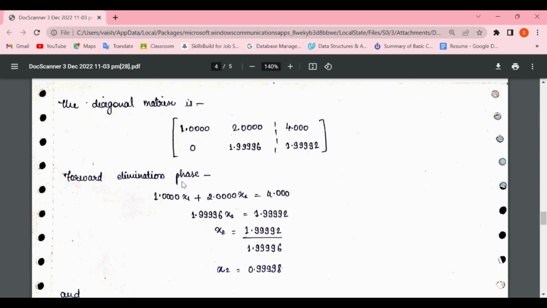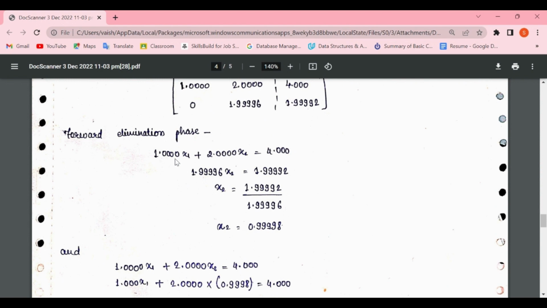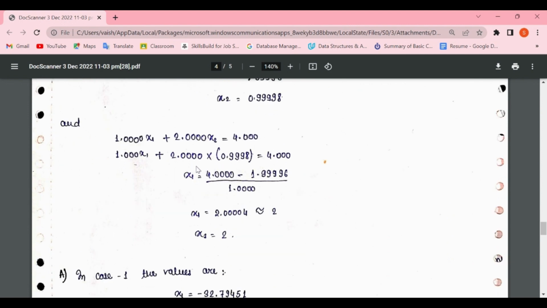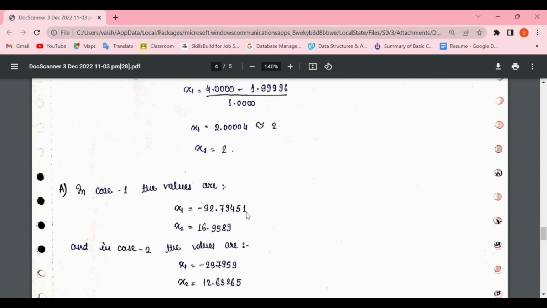By performing forward elimination, we will get 1 x1 plus 2 x2 is equal to 4. Here we will get x2 is equal to 0.99998, and putting this value in equation 1 we will get x1 that is equal to 2.